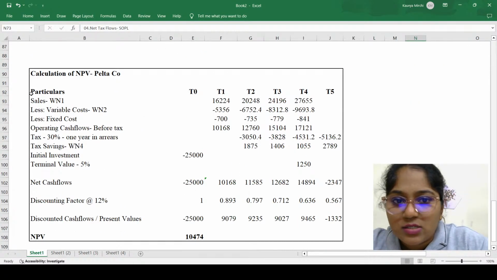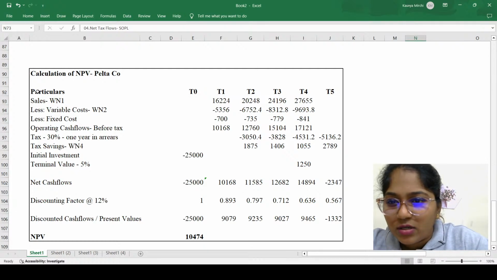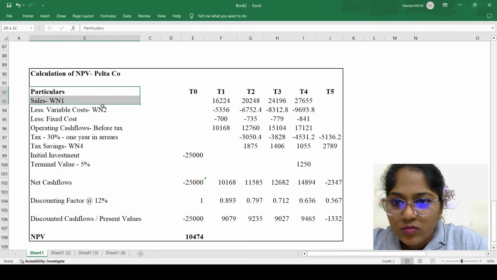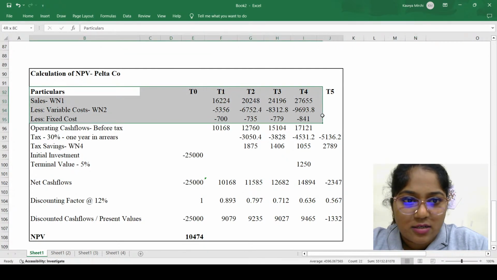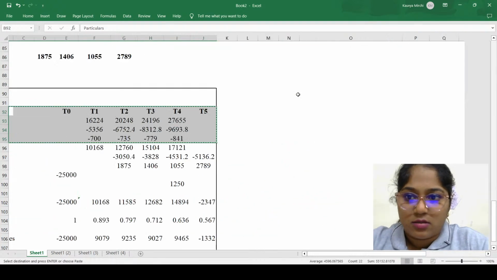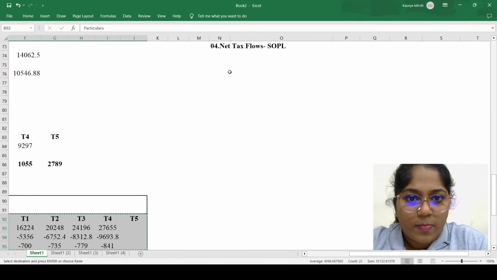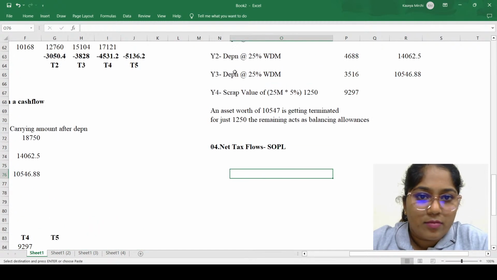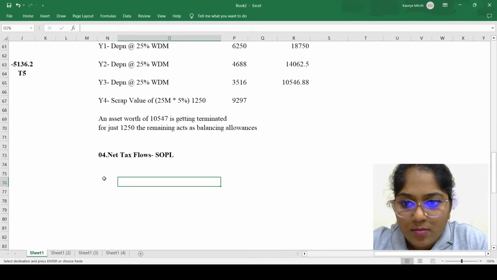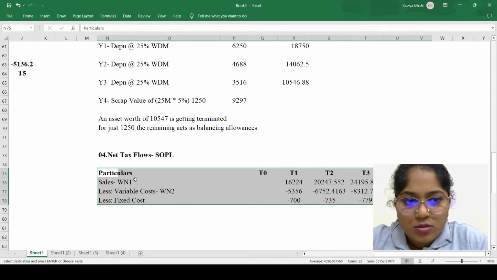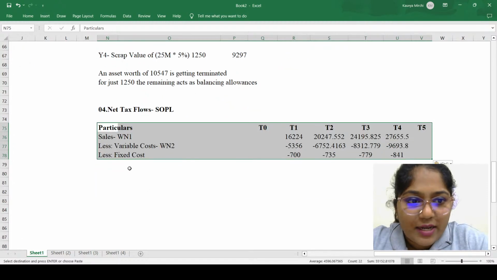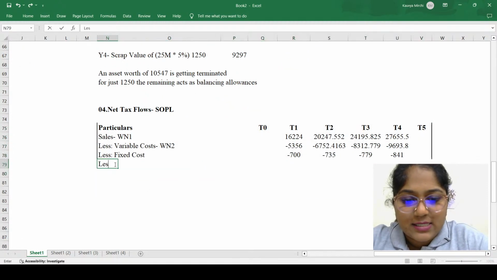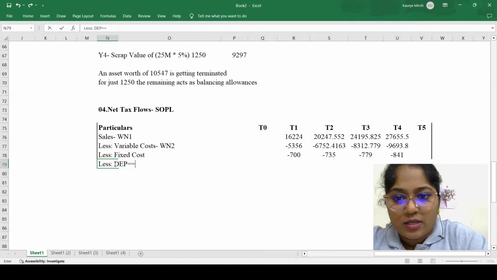All you have to do is just take the same thing I have written here. I'll just take these things, not anything else. Then to this, I will go less depreciation as well, coming from working note number 3.